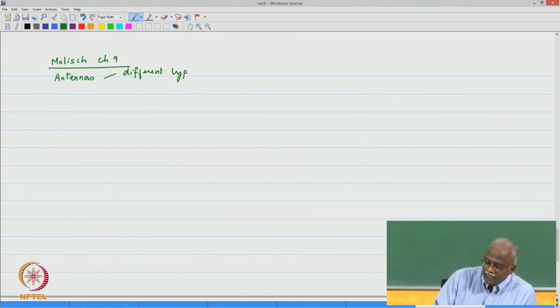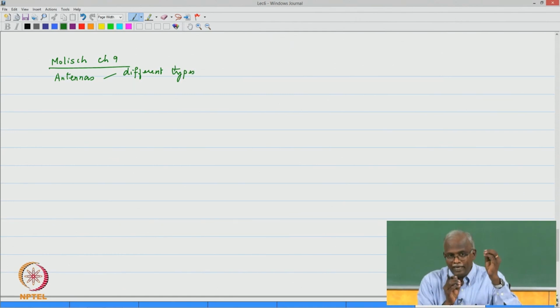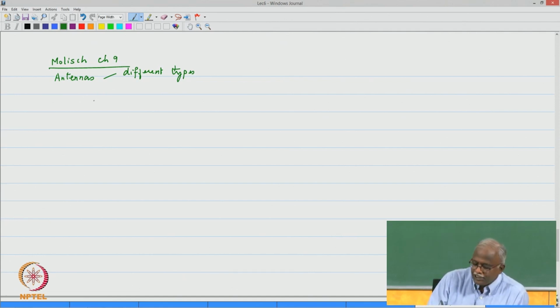We have only talked about an isotropic antenna and, in a very limited sense, the omnidirectional antenna, but there are several types of antennas. Let me just mention some of those.